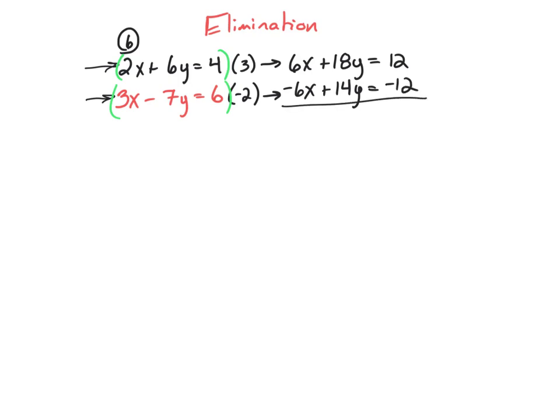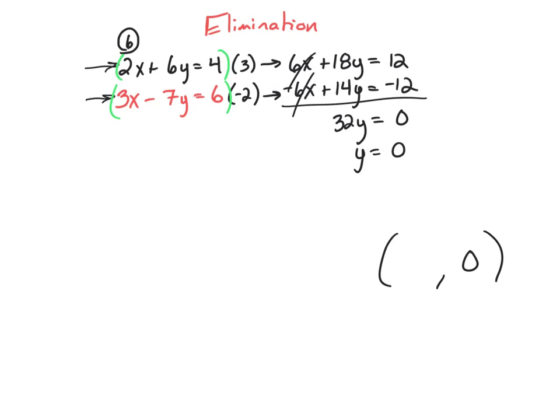Now if you look at my new problem, I have inverses at the x's. So if I add them together, they cancel out. And I add up 18 plus 14, and that gives me 32y is equal to 0. Divide both sides by 32, I get y is equal to 0. So my ordered pair is something, 0.